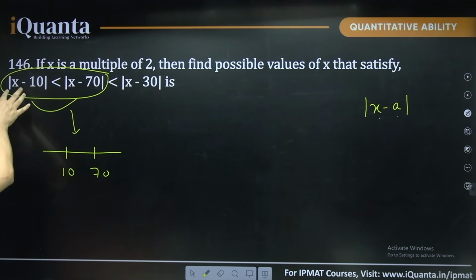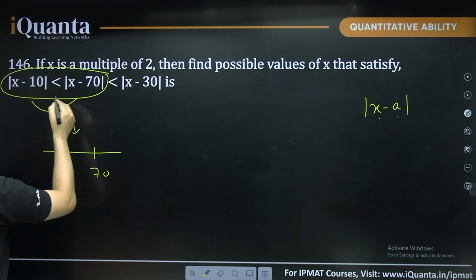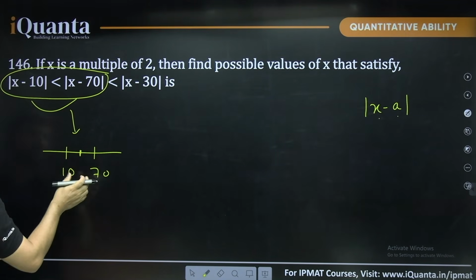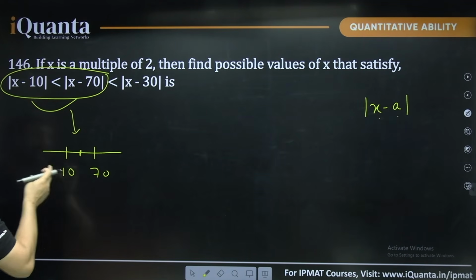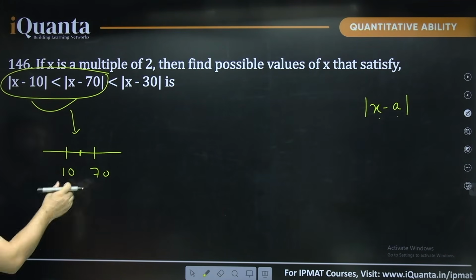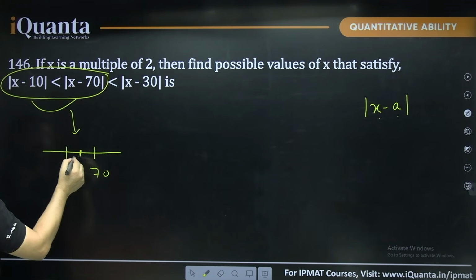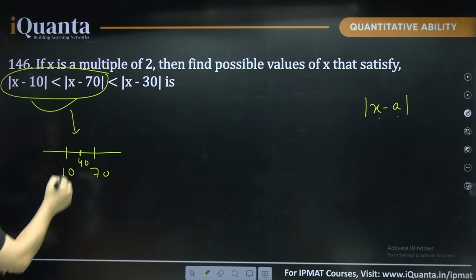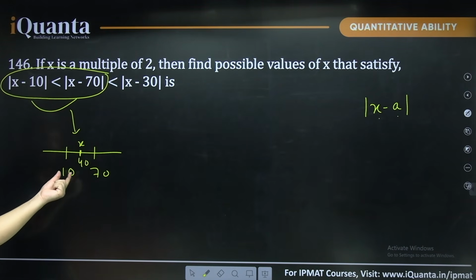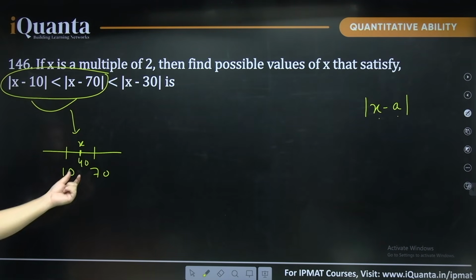The distance of x from 10 will be less than the distance of x from 70. Exactly between 10 and 70 we have 40, right, 10 plus 70 by 2, that is 40. So if x is equal to 40, what happens? The distance of x from 10 is 30, and the distance of x from 70 is also 30.